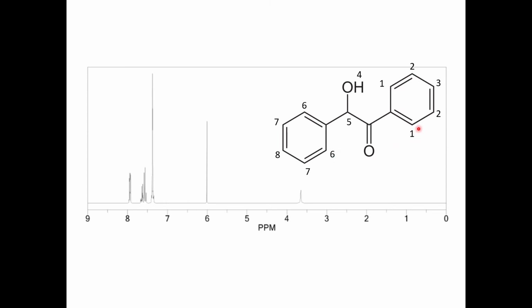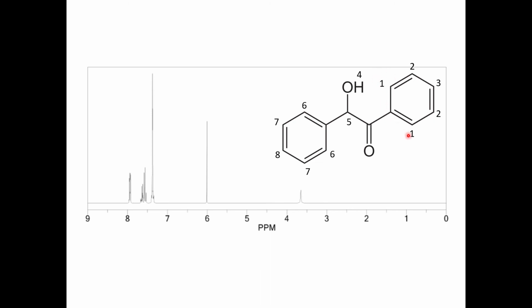But notice how this hydrogen and this hydrogen are not the same, and that's because this hydrogen is closer to a carbonyl group, while this one is closer to an alcohol. So because of this, these two hydrogens have a slightly different resonance than these two hydrogens.